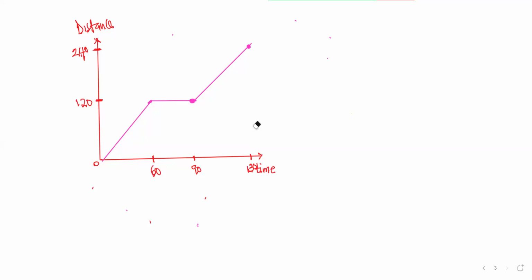Good. So class, this is the distance time graph of Jill's movement.